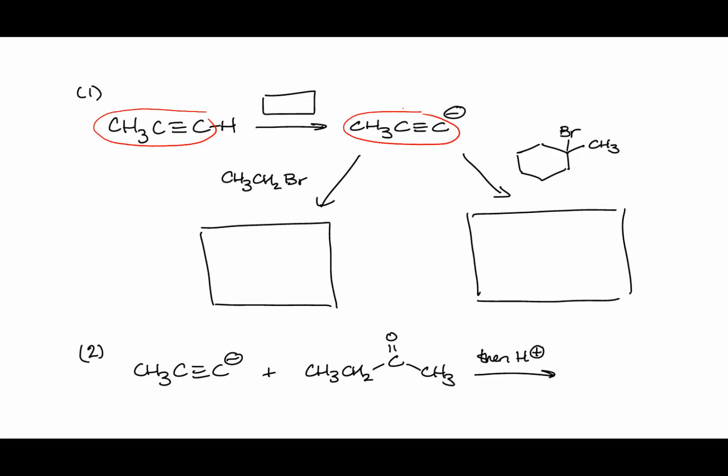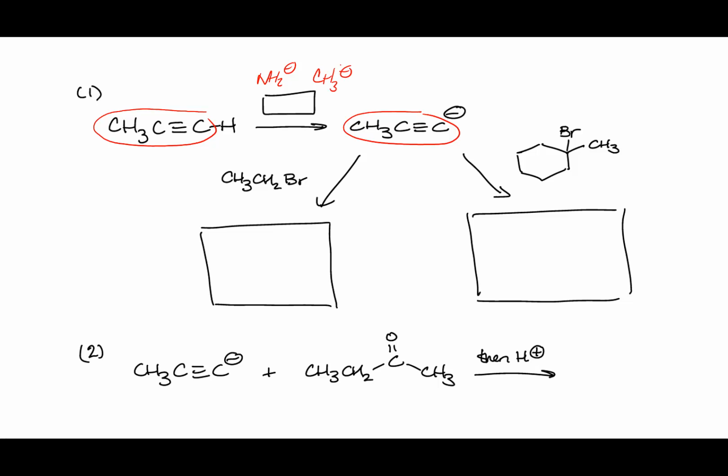A base. Last time we talked about the appropriate bases to deprotonate a terminal alkyne. What are my choices? NH2 minus, or CH3 minus, or any carbon that's sp3 hybridized.